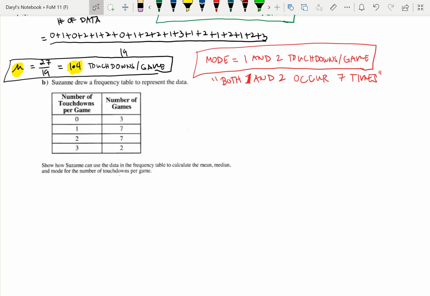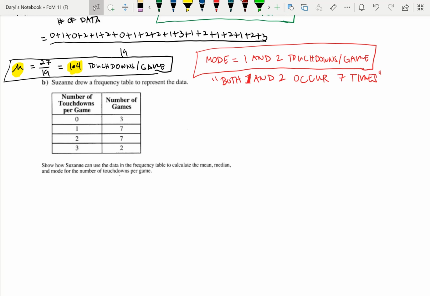So for 0 touchdowns, there are 3 games. And then for 7 games, he has 1 touchdown. Then for another 7 games, he has 2 touchdowns. And for 2 games, he has 3 touchdowns.